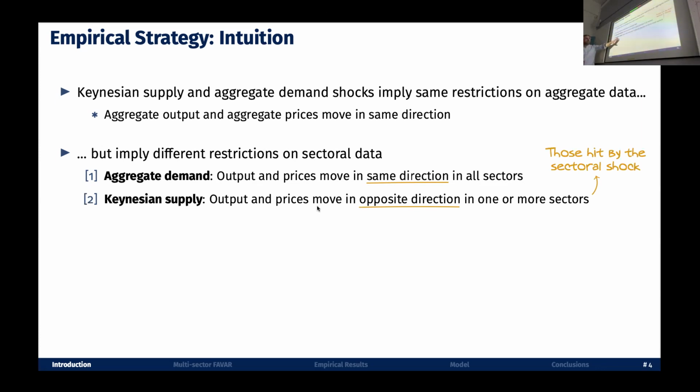If instead we entertain the possibility that at least some of the movement, not all of it, I don't want to argue that these guys are driving all of the movement we observe in the data, but just if we entertain the possibility that some of the movements that we observe unconditionally, by unconditional I mean taking these two series and taking correlation, that's it, is driven by these Keynesian supply shocks, then I should see that at least in some sectors, output and prices should move in different directions.